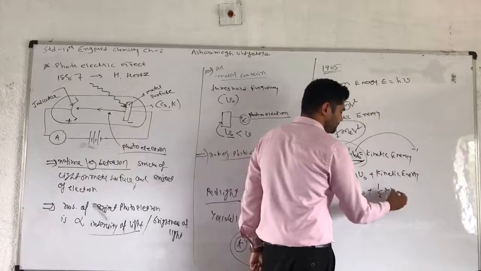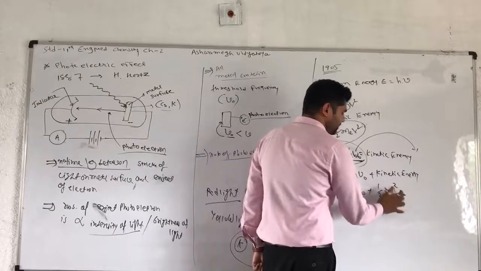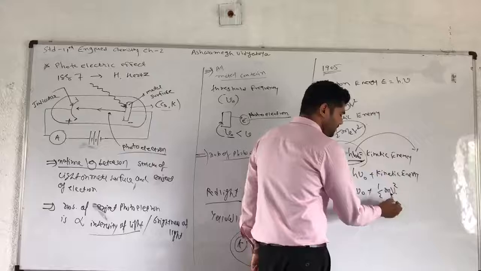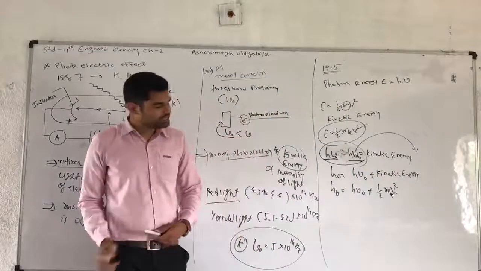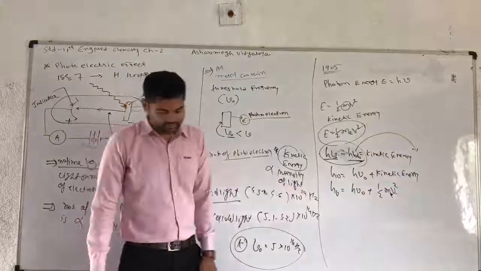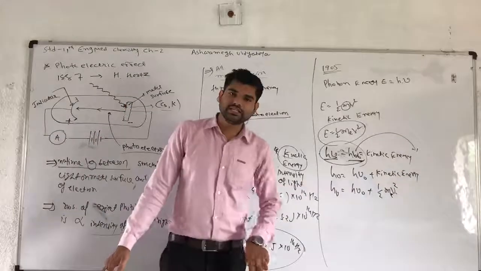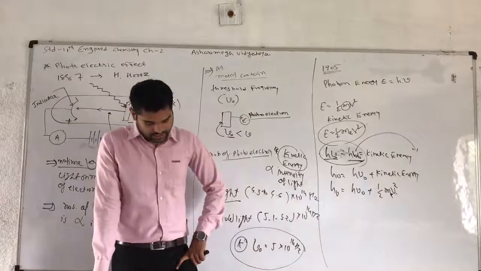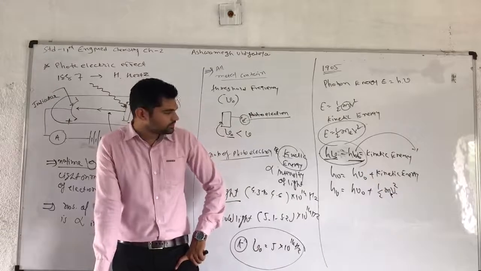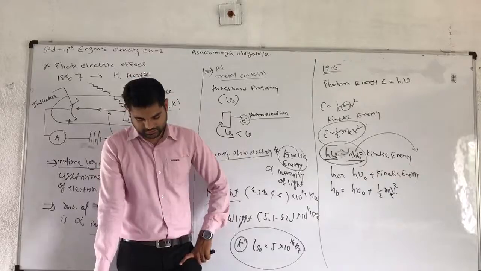The kinetic energy is the difference when the frequency is more than the threshold frequency, h nu minus h nu 0. So h nu is equal to h nu 0, the threshold energy, plus kinetic energy, that is 1/2 m e v square, where m e is the mass of the electron, v is the velocity of the photoelectron, and nu 0 is the threshold frequency.